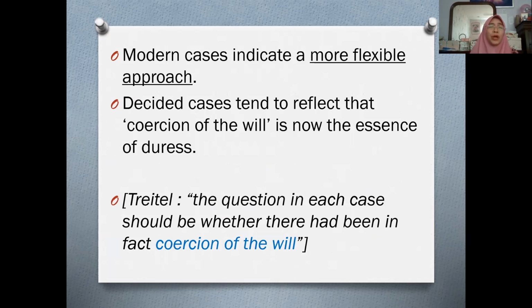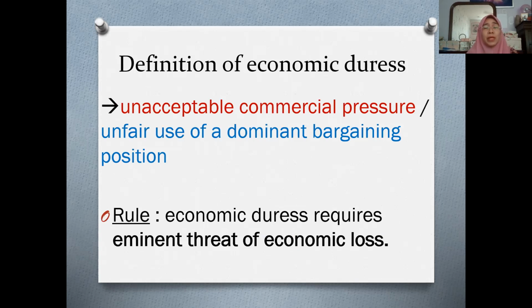If we refer to one of the contract law textbooks, the question in each case should be whether there had been in fact coercion of the will. It doesn't matter how it happened, whether it relates to goods or to physical violence, but whether it amounts to coercion of the will or not. Remember, we are still discussing the position at common law.